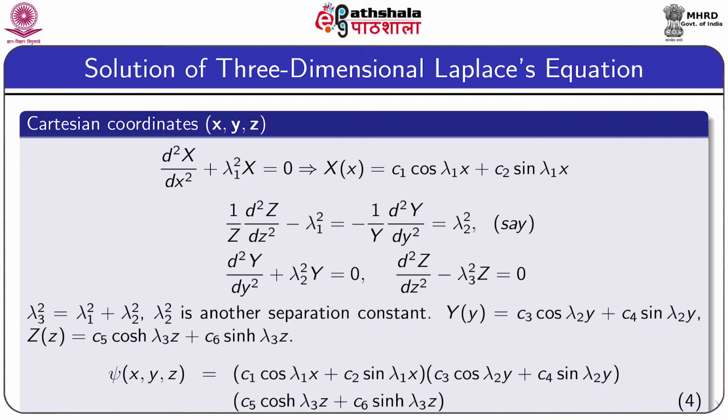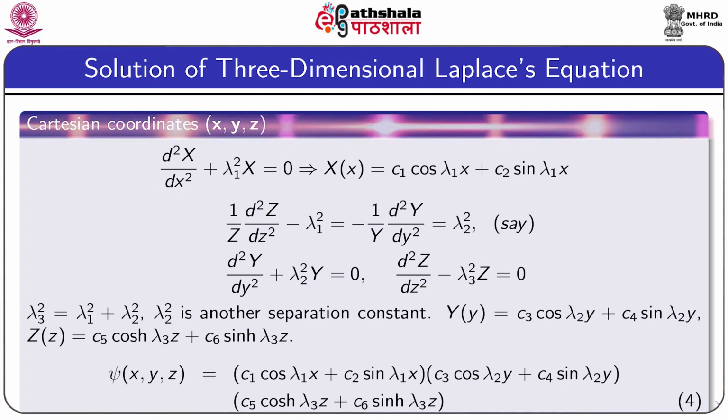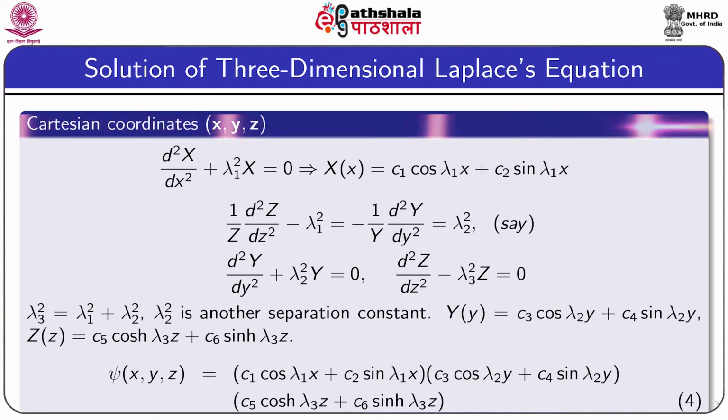Now, C2 cannot be 0 because we already got that C1 is 0. If C2 is 0, then psi becomes 0 for all x, y, z. So, that is a trivial solution, but we are not interested in trivial solution. So, we assume that C2 is not equal to 0. Therefore, to satisfy the second boundary condition, we have sin lambda 1 a must be equal to 0.